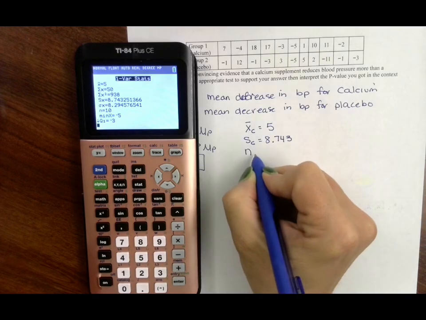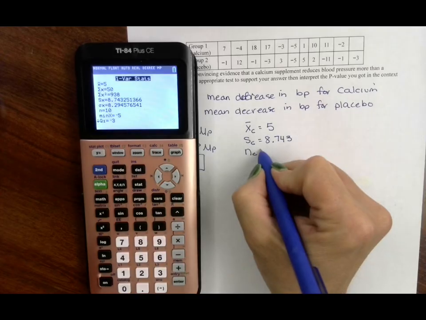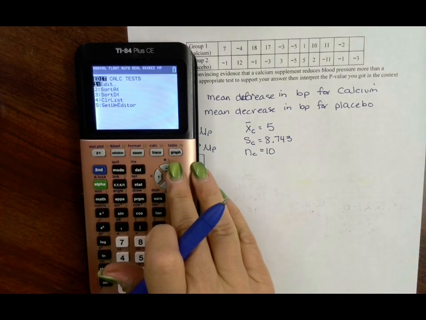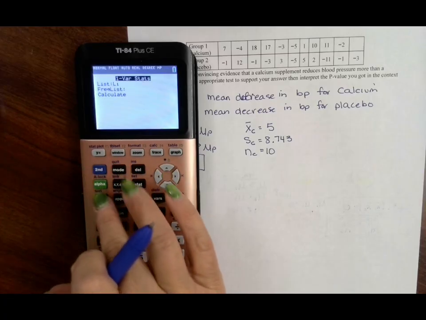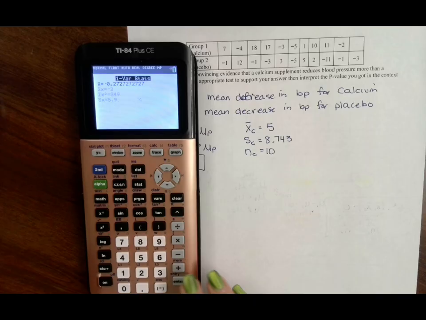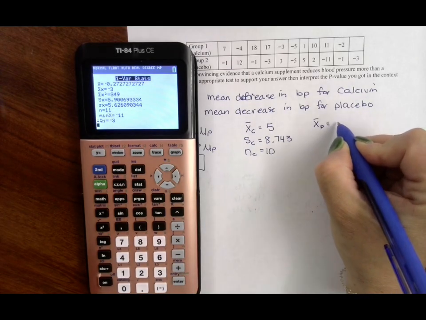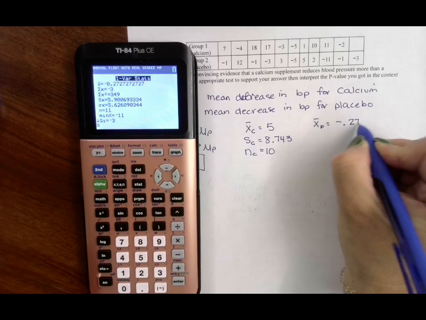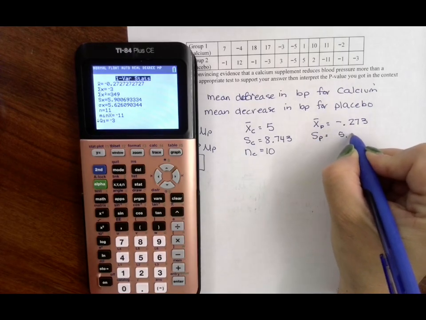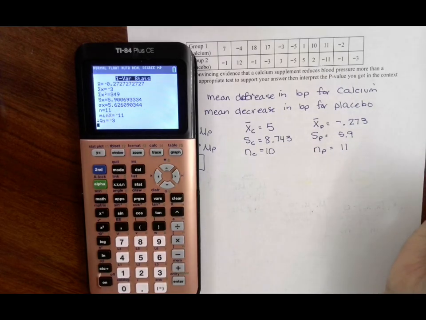And I also know that in this group I have 10 subjects. All right, so let me run this again. And this time I want to run list 2. And this is going to be x-bar of the placebo group is negative 0.273. Standard deviation of the placebo group is 5.9. And my n of the placebo group is going to be 11.